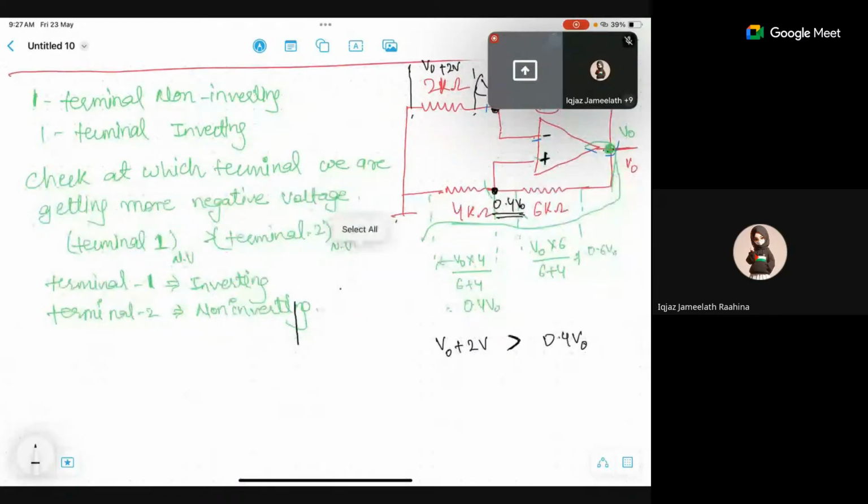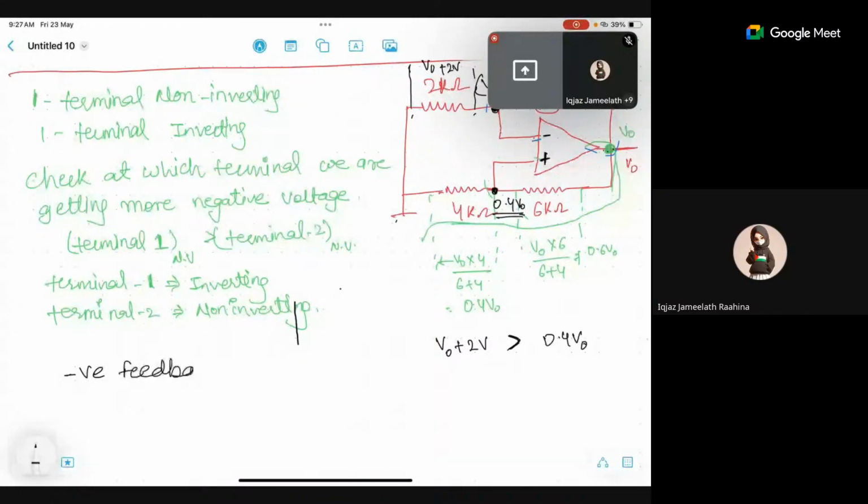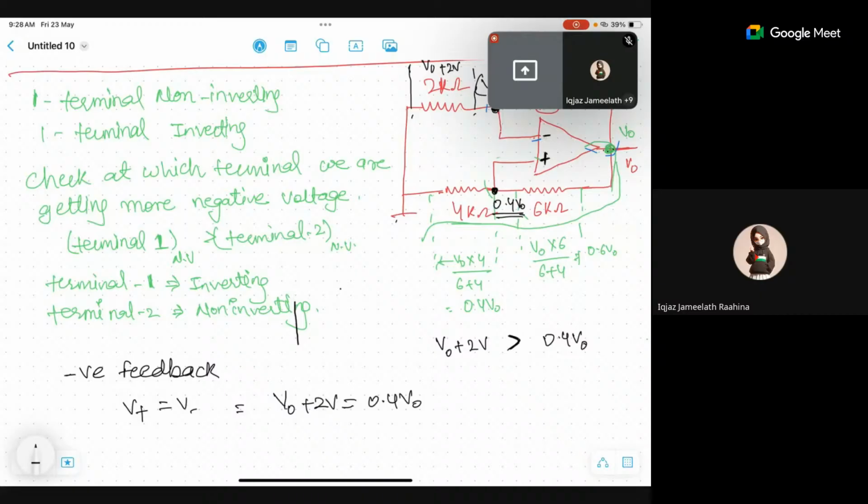We always know that when we are using negative feedback, V positive should be equal to V negative. So we can say V naught plus 2 volts is equal to 0.4 times V naught. Can I solve for V naught?